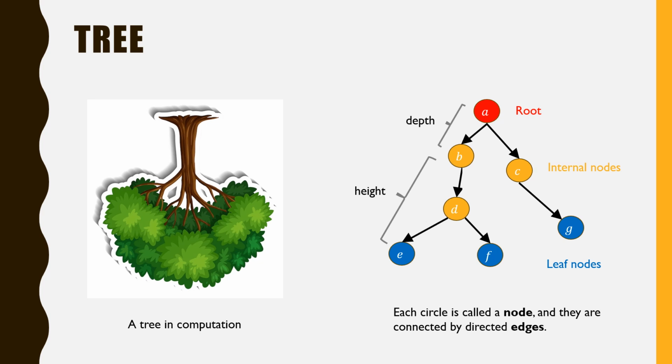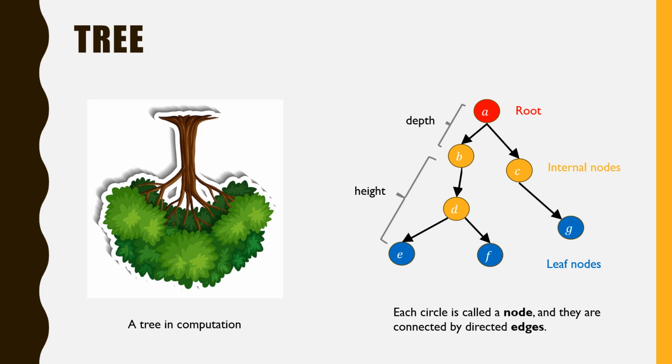Nodes at the lowest level of the tree are called leaves, which are colored blue in the right figure. Other nodes that are neither roots nor leaves are called internal nodes, and they are colored orange. The nodes are connected by edges, represented by the black arrows.